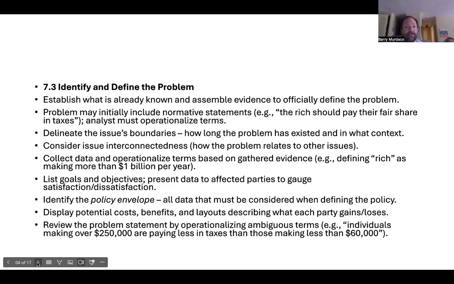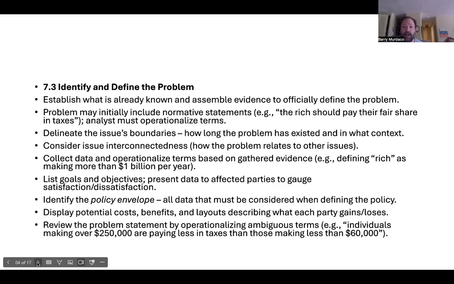Identify and define the problem. Establish what is already known and assemble evidence to officially define the problem. We've already covered this in previous classes. Problem may initially include normative statements. For example, the rich should pay their fair share in taxes. Analysts must operationalize terms.